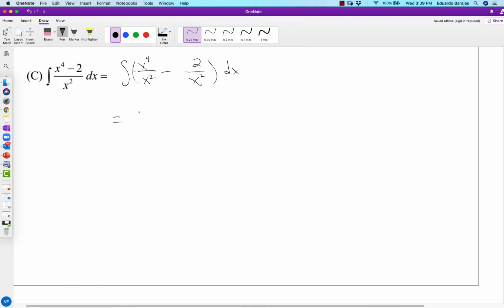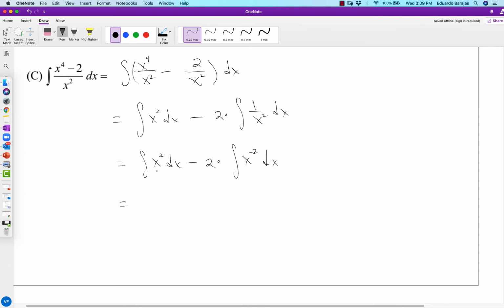So this is equal to the integral of x squared dx minus, and I'm going to put that 2 out in front, the integral of 1 over x squared dx. Good. So this is equivalent to the integral of x squared dx minus 2 times the integral of x to the minus 2 dx.